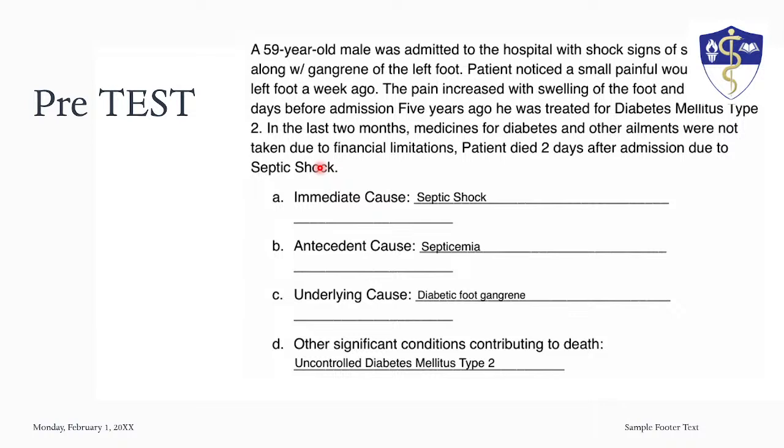Okay. We're going to go with infectious diseases here. So we're going to show you lang muna, okay? We're not going to comment much on what went wrong here. So immediate cause, septic shock. Antecedent cause, septicemia. Okay?